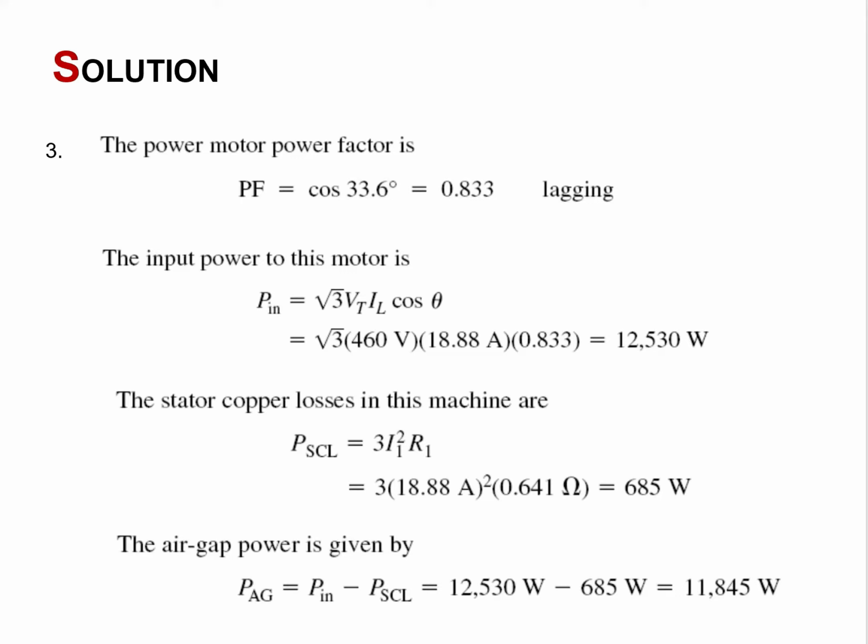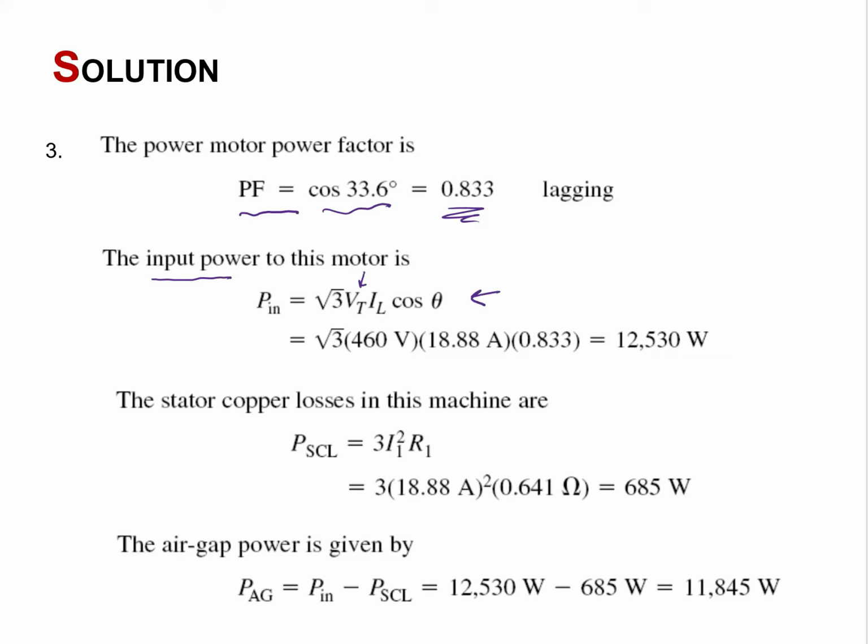So to summarize, first we find the power factor, which is cosine positive of the angle, and we will get this value. Then we can calculate the input power, which is given over here, plugging in the voltage.